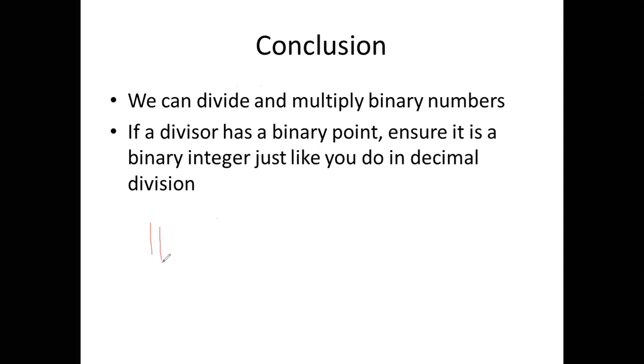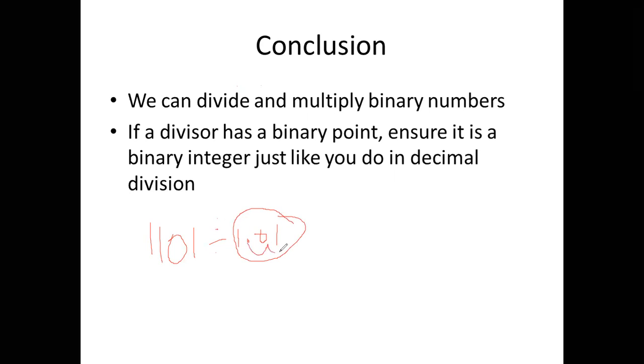Like, let's suppose you were asked to divide 1101 by 1.01, something like this, right? The concept will still be the same. Make sure that this divisor doesn't have a decimal point. All right. So how do you do that?